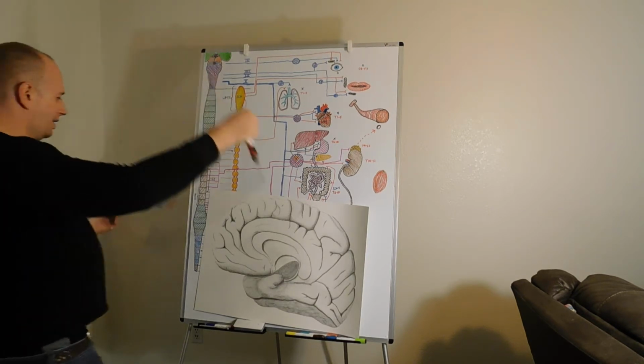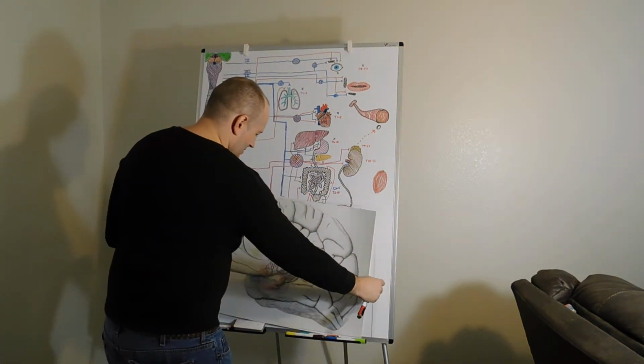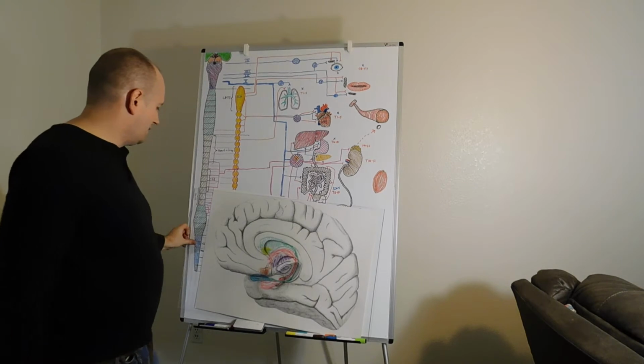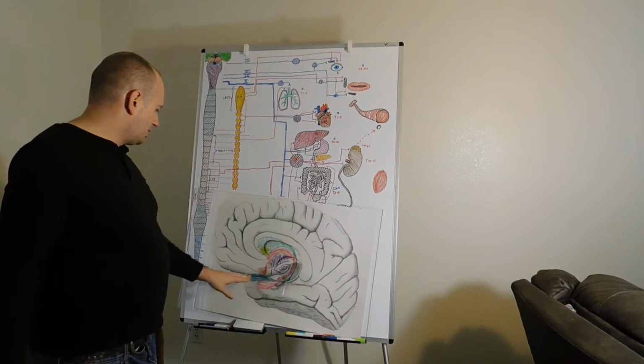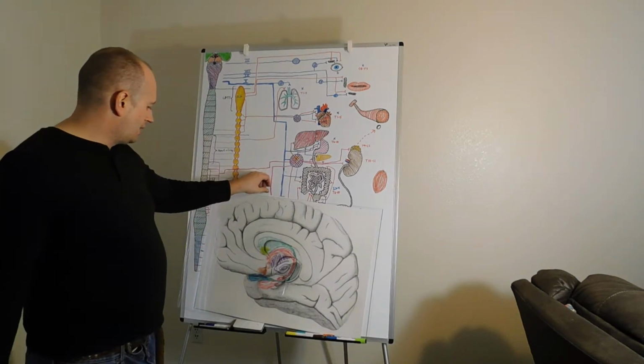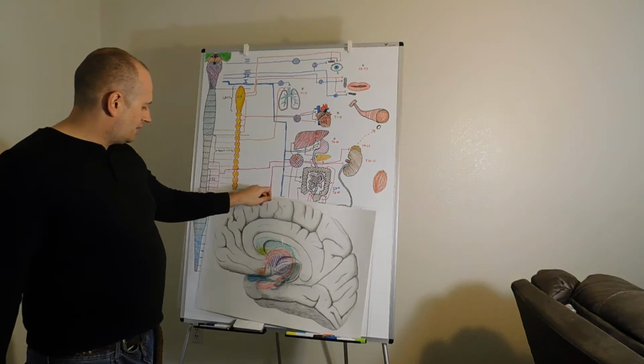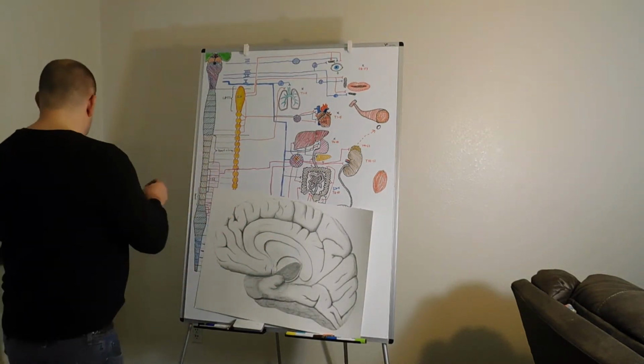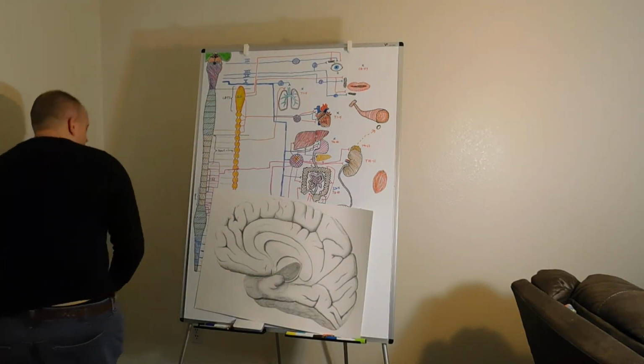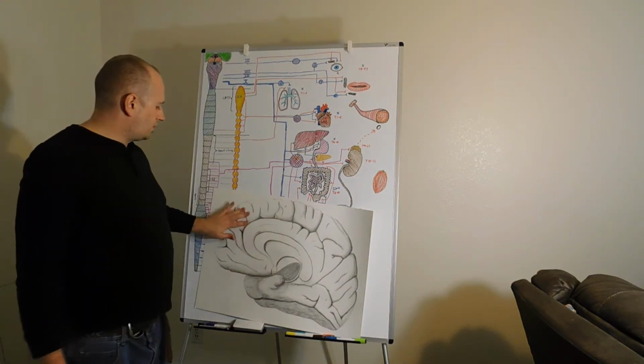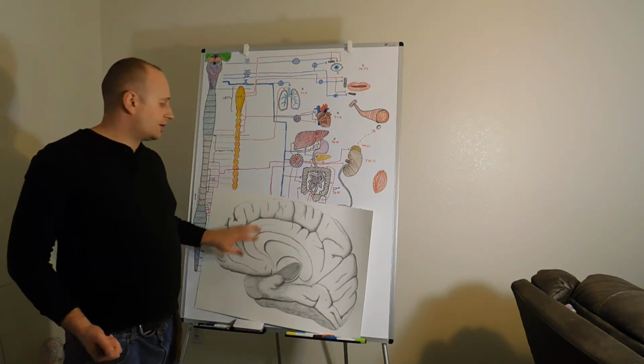So I can overlay this, I think, as I did in the previous video. Your hypothalamus is somewhere in this region here, in the brown area. And this is the forebrain here. Some of that information goes here.